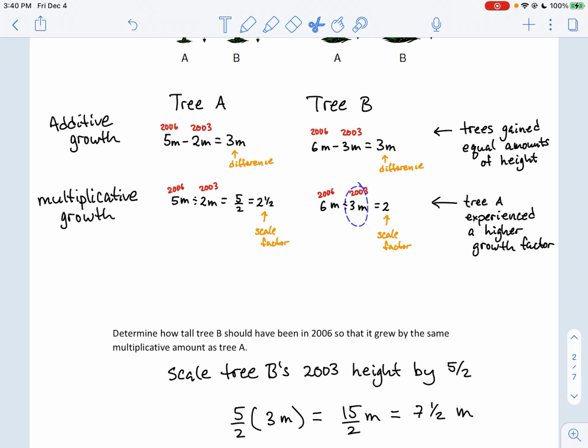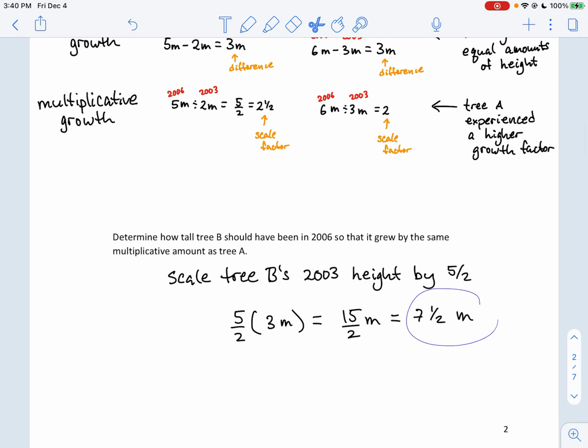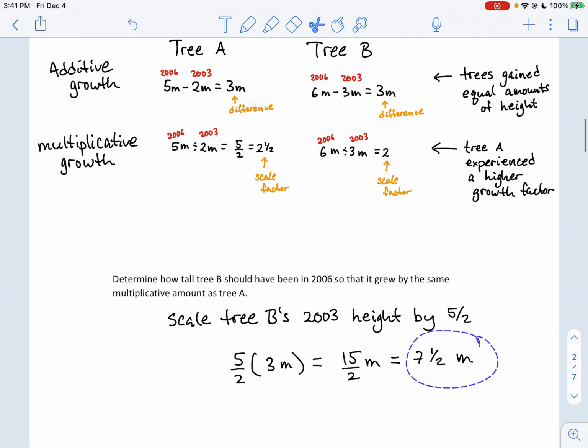So you would take this 3 meters right there and multiply it by 2.5 or 5 halves, and that would give you 15 halves, which is the same thing as 7.5. So if tree B had been 7.5 meters tall in 2006 instead of 6 meters, then it would have had identical growth factors, both trees. However, tree B would have gained more in height. It would have gained 4.5 meters compared to tree A's 3 meters. So again, you have ambiguity, the same multiplicative growth, but different additive growths.